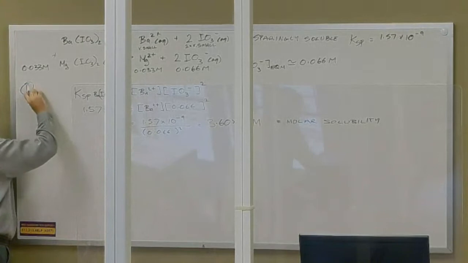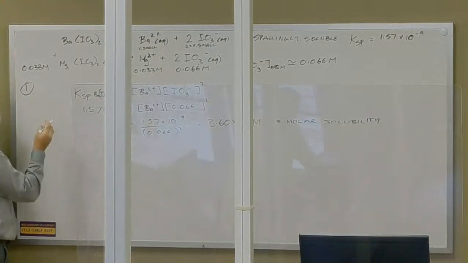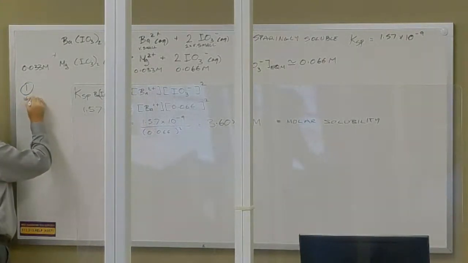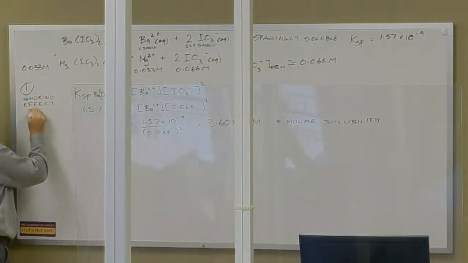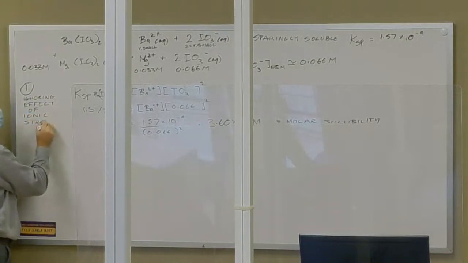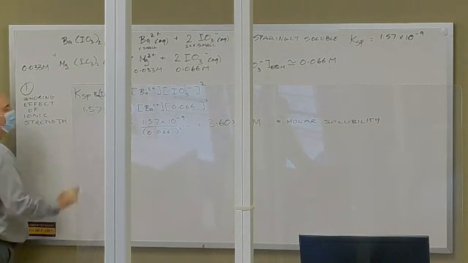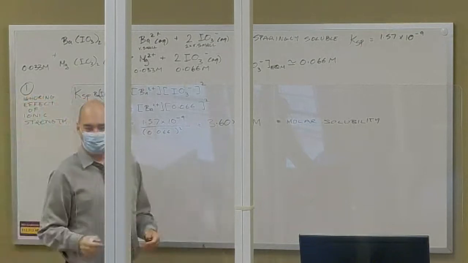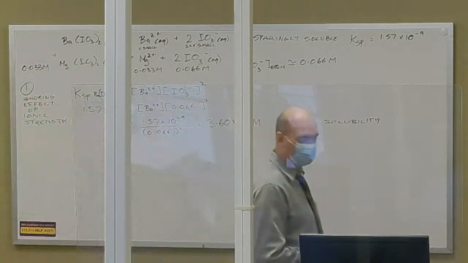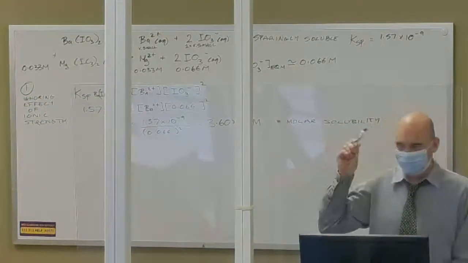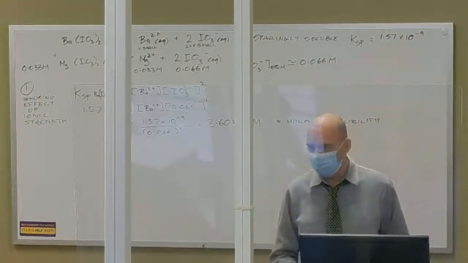So this would have been my step one. This is ignoring the effect of ionic strength. If I ignore the chapter on ionic strength, or I am ignorant of the chapter on ionic strength, that's a general chemistry 2 answer.